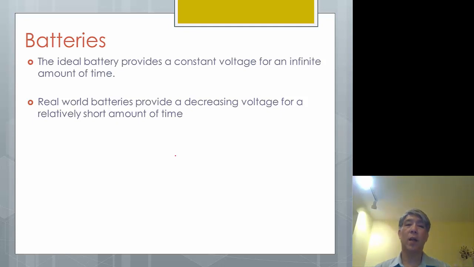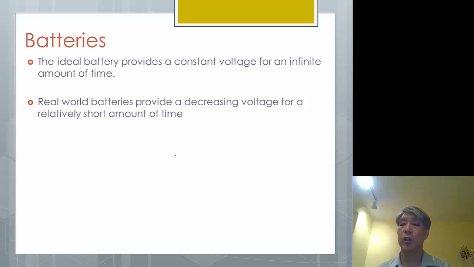So ideally, a battery should provide a constant voltage for an infinite amount of time. And that's the way we've been looking at circuits up to this point. We never worried about how long that battery lasted. However, in the real world, the voltage that the battery provides doesn't last forever.